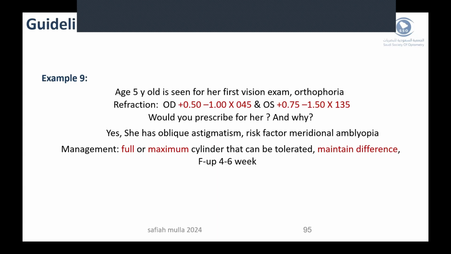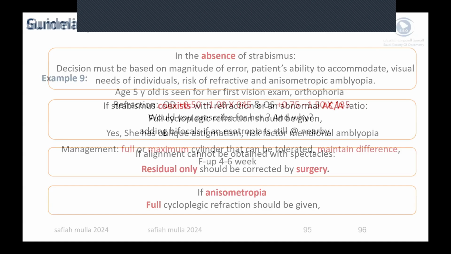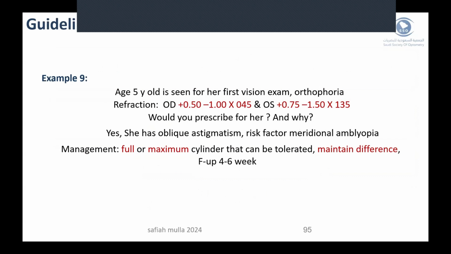So we see him after 4 to 6 weeks again. You can see that for most of the patients, or all of the patients, for me, the maximum is 6 weeks. If I give them any management, I shouldn't send them for more than this, especially the amblyope. For the amblyope, the maximum is a 4-week interval between visits until the amblyopia settles down or the visual acuity is equal.